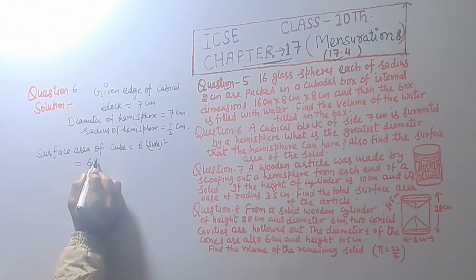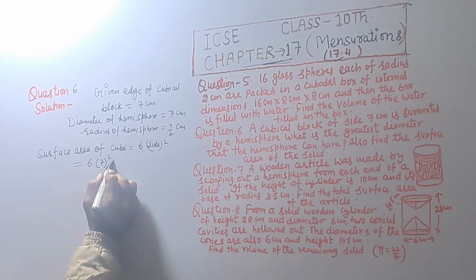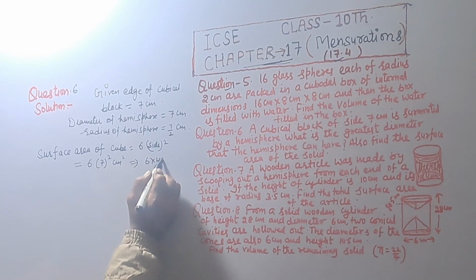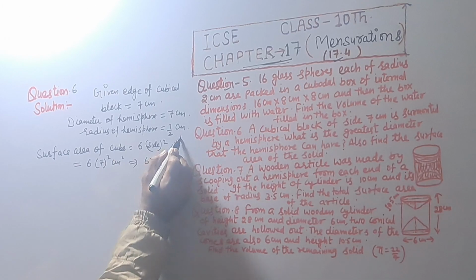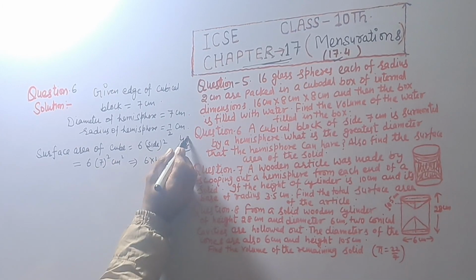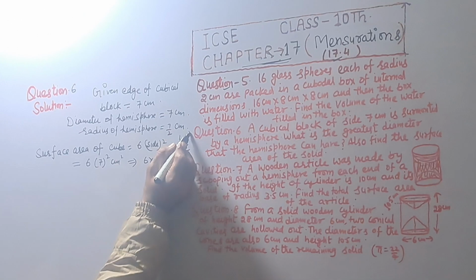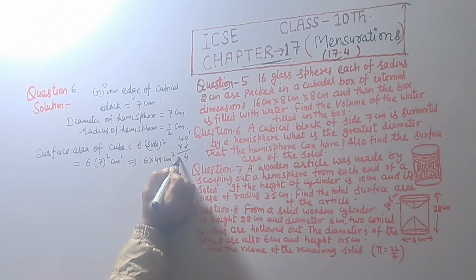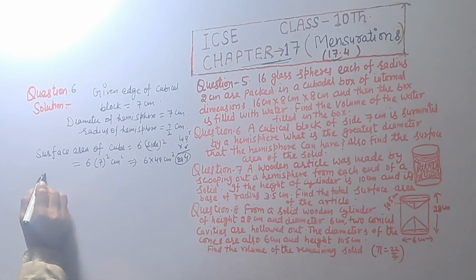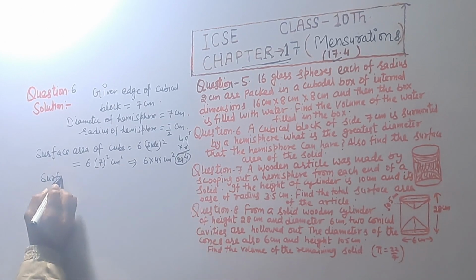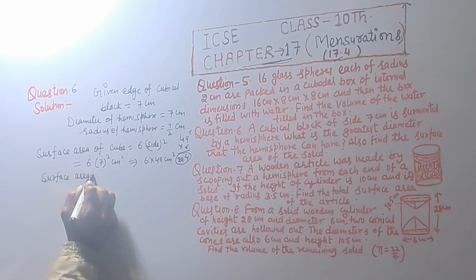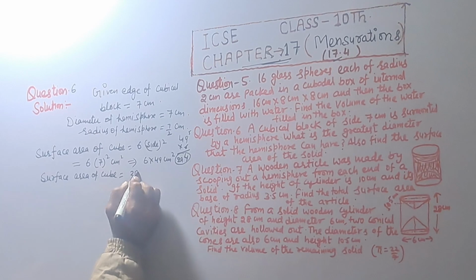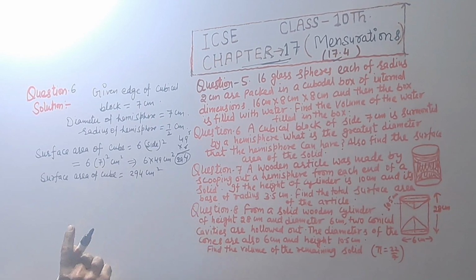That is equal to 6 into 7 raised to power 2 centimeter square, which implies 6 multiplied by 49 centimeter square. 49 into 6, 9 6s are 54, 5 carry, 6 4s are 24. 24 plus 5 is equal to 29. So surface area of cube is equal to 294 centimeter square.